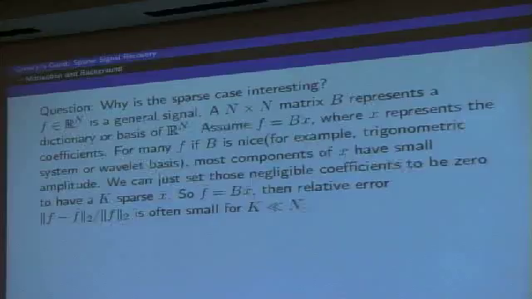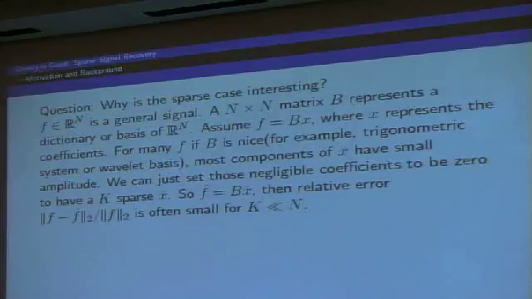Why is this sparse case interesting? If f in R^n is a general signal, and we have an n by n matrix B representing a dictionary or basis of R^n, then f equals B multiplied by x. So x here represents the coefficients of the linear combination.